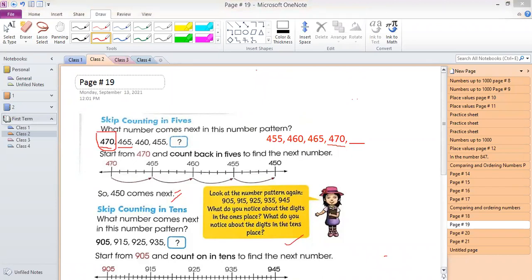I am asking whether 470 is bigger or smaller than 465. Bigger.